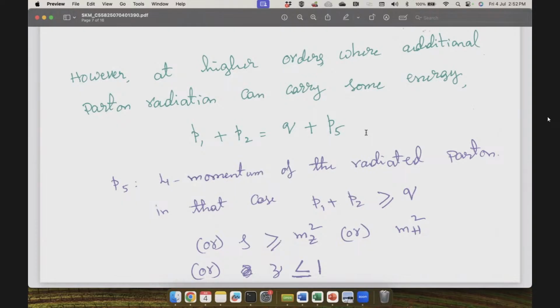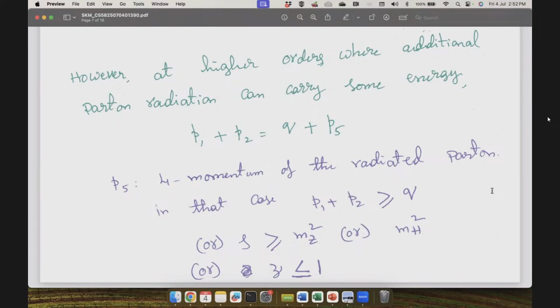In the case of Bremsstrahlung radiation, P5 corresponds to the four momentum of the gluon, or in the case of other subprocesses like QG, P5 corresponds to the four momentum of the quark in the final state. So P5 is simply the four momentum of the radiated parton.